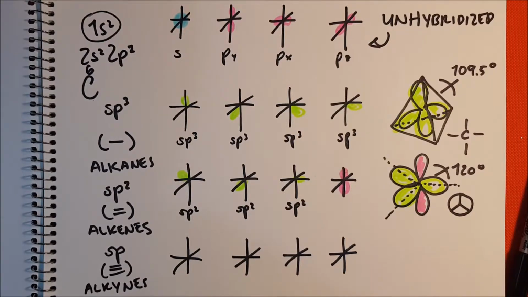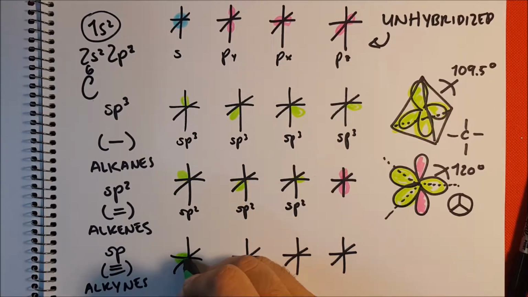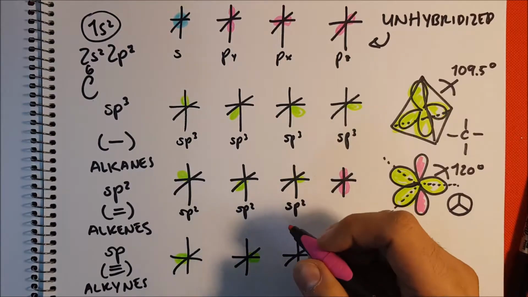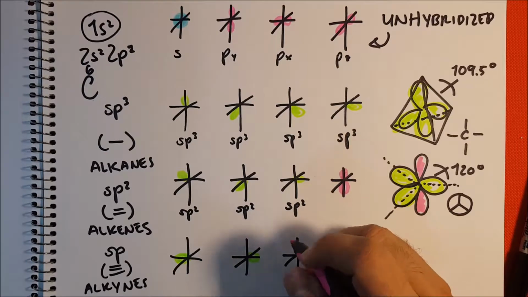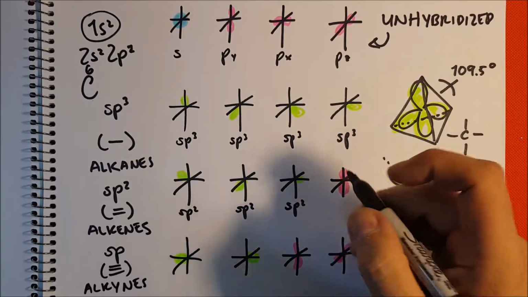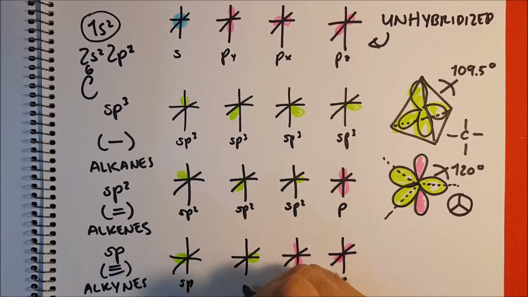And when we mix the s with 1p, we're only going to get 2 hybrid orbitals as far away from each other as possible. And we're going to get left over 2 unhybridized p orbitals. This is a p orbital, this is p, this is p, this is sp, sp.